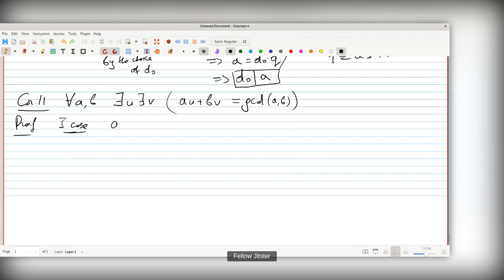So the first case is when A, the number, equals 0.